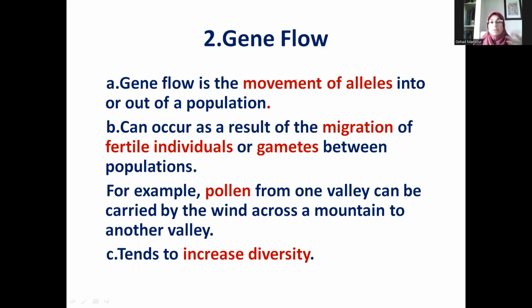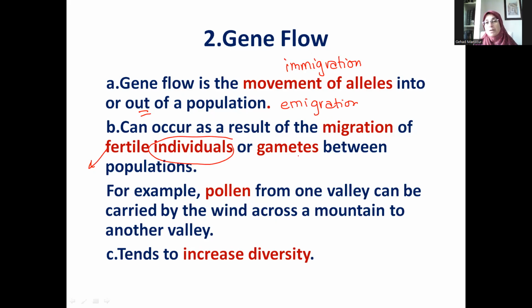The second factor that might help in evolution and the development of populations with new characteristics is the movement of alleles into a population, which we call immigration, or the movement out of a population that we call emigration. Okay, of course, we needn't have the whole individual migrate. And of course, it has to be a fertile individual. If it is infertile, it is not in our concern.